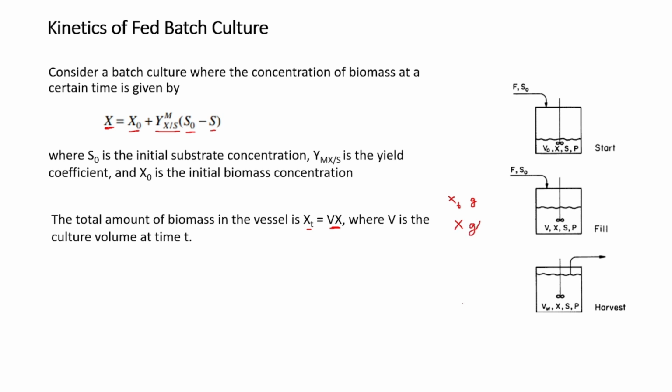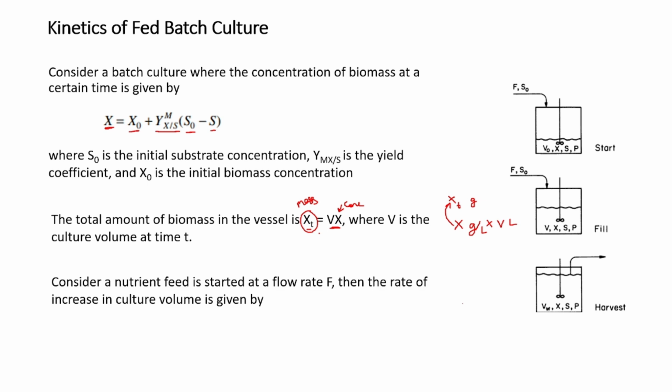So you have to multiply it with the volume of the fed batch culture, in liters, to get the total amount of biomass. When we are talking about the total amount of biomass Xt, we are talking about the mass or the weight, not concentration. So it is concentration multiplied by the volume.